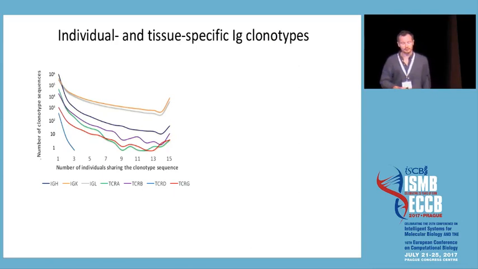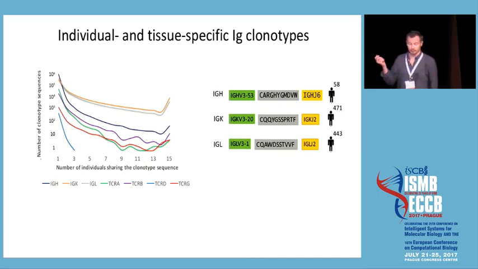Okay, we also ask the question: are those 3.6 million CDR3 sequences we assembled more private, meaning present in one individual, or more public, and are they tissue specific? Here you can see the number of individuals sharing a particular clonotype sequence, and the number of clonotypes. As expected, the vast majority of the sequences we assembled are private, with certain exceptions. There is a certain number which are public, and those are the most extreme public sequences we found in our data.